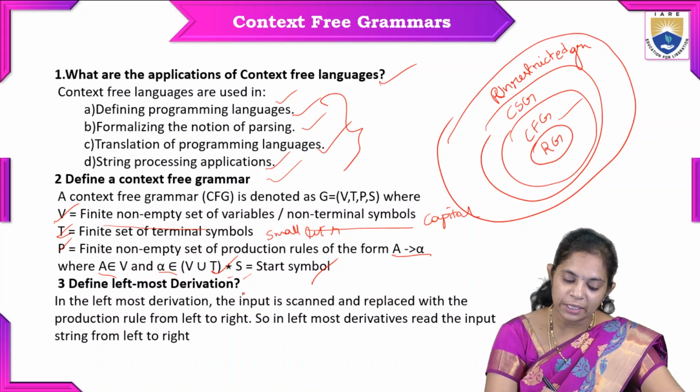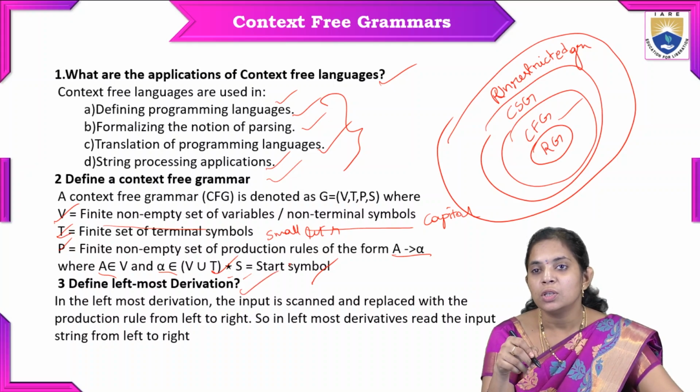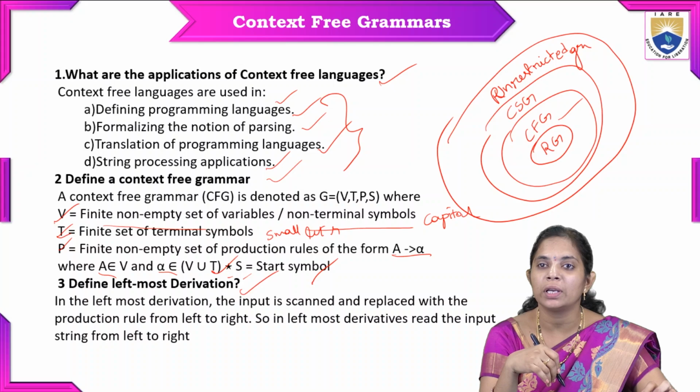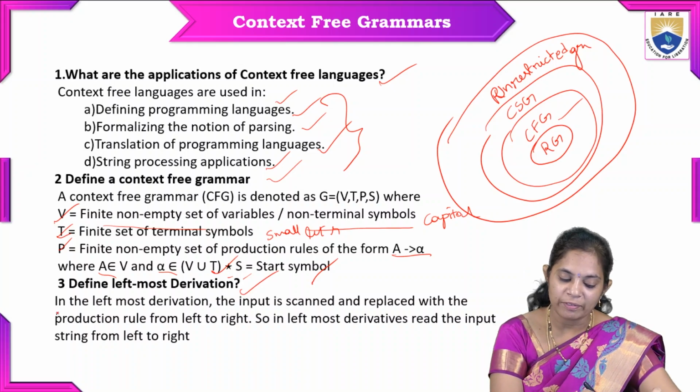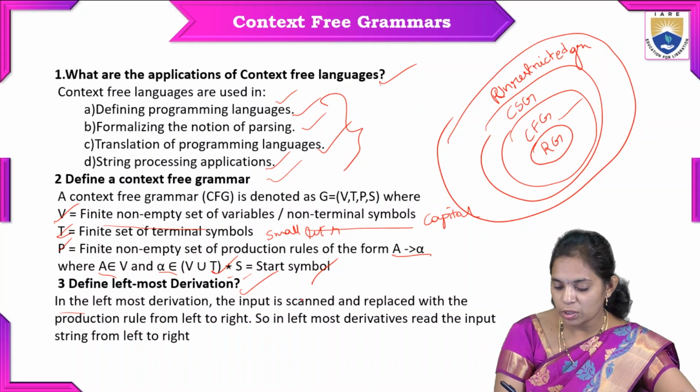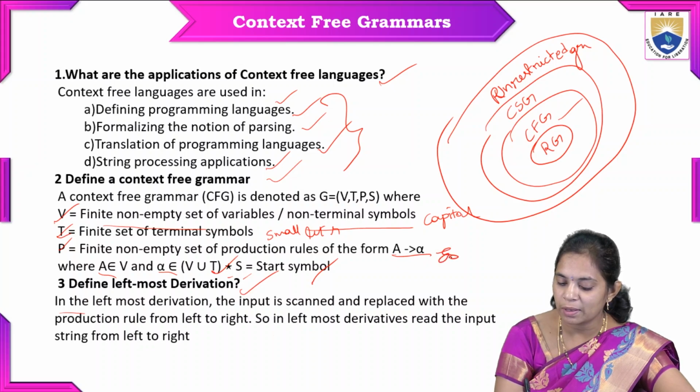And define the leftmost derivation. So leftmost derivation and rightmost derivation. Coming to the context-free grammars, we have two types. One is the leftmost derivation. So what is meant by leftmost? In the leftmost derivation, coming to the production rules, suppose we take one example of a context-free grammar: S tends to capital A, and S tends to small a.